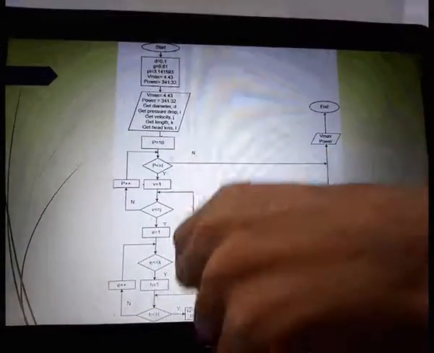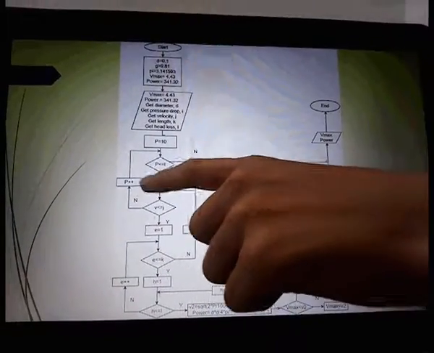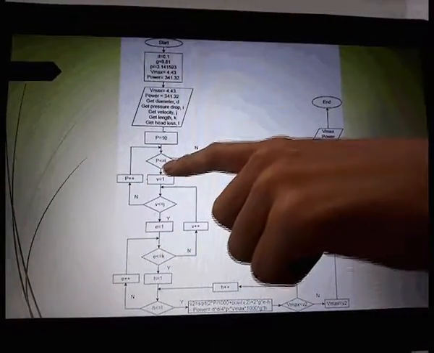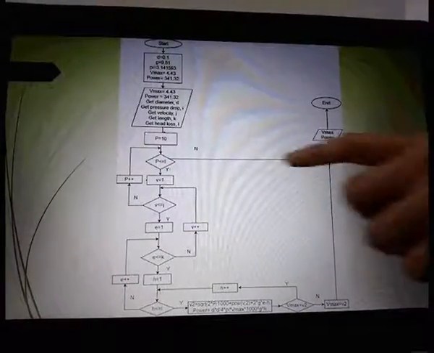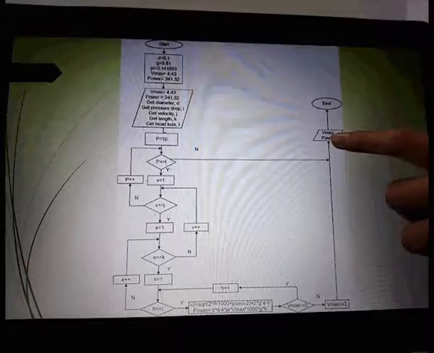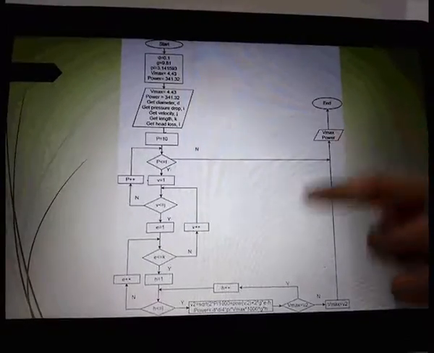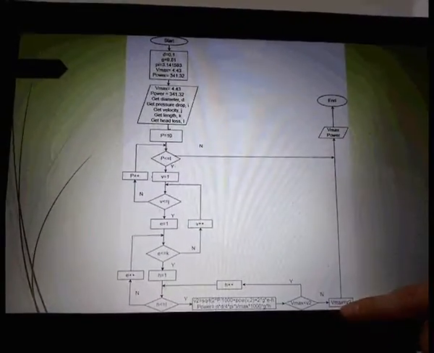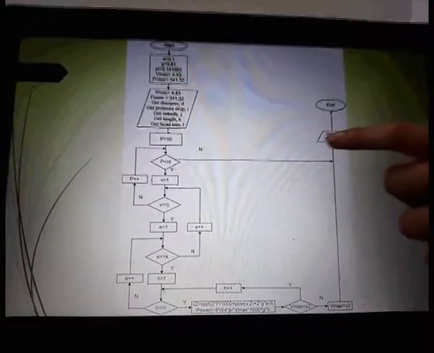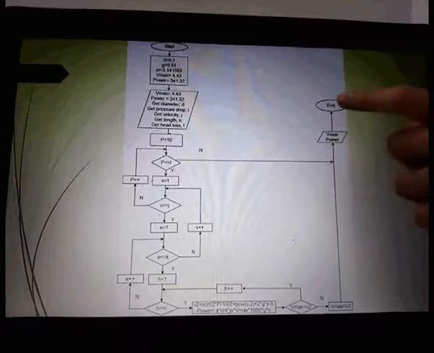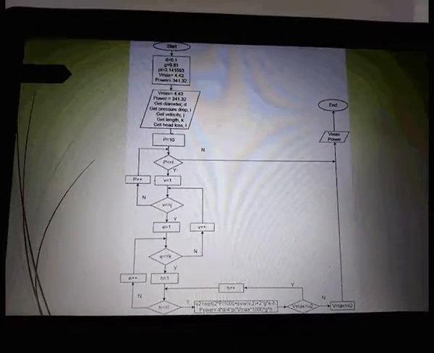This is the for loop. If P is greater than or equal to I and the answer is no, you display the value of Vmax and the power. When Vmax is greater than or equal to V2, you display Vmax and the power and go to the end. This is the overall process of my program.